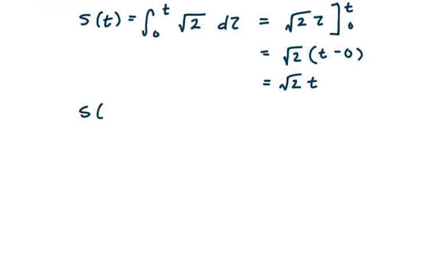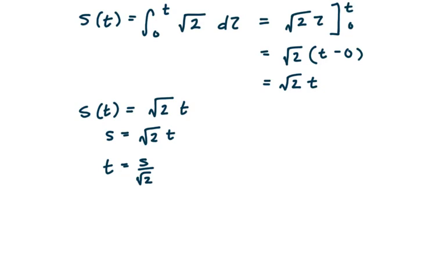So s of t is root 2 t. Now to simplify my notation here, I'm going to say s equals root 2 t, and I'm going to isolate my t. I'm going to divide by root 2 and say that t equals s over root 2.